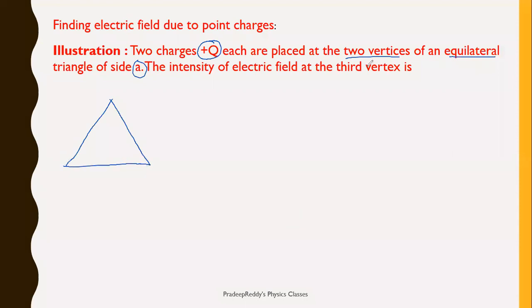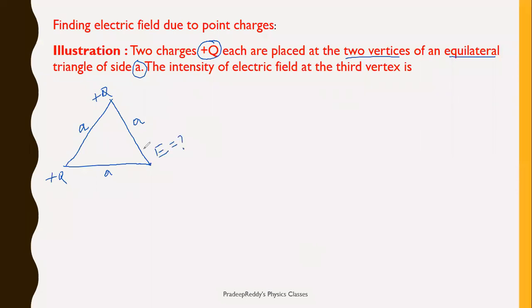Two charges are placed at two vertices, and their charge magnitudes are given as plus Q. Each side has value A. You are now supposed to find the intensity of the electric field at the third vertex.